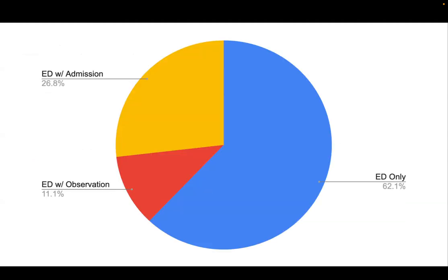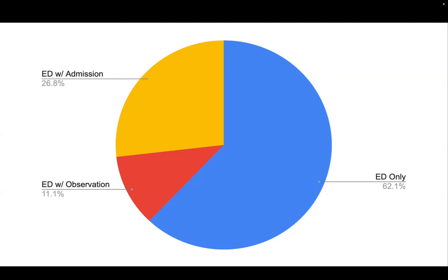Of those 1.9 million and change ED visits, 62% are ED only, a little less than 27% were ED with admission, and a little over 11% were ED with observation. These are the rough percentages of how we distinguish different types of ED visits that we calculate from medical claims data.